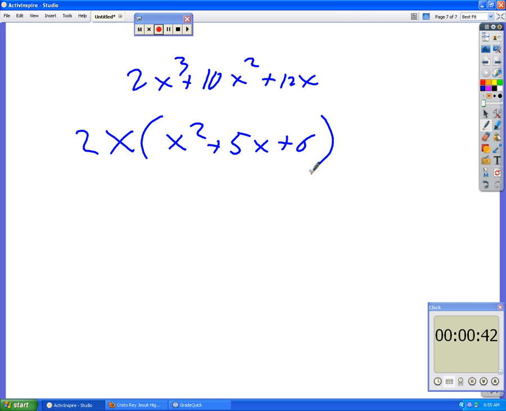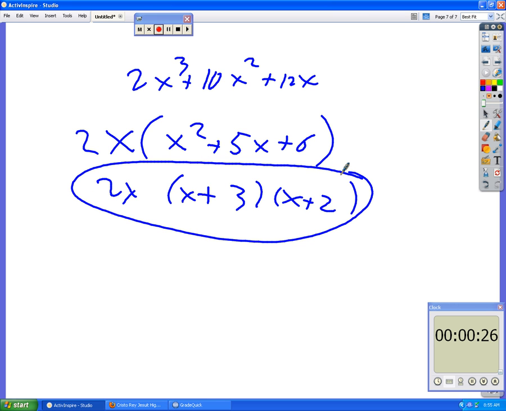Taking the 2 out, taking the x out. Then you go ahead and factor this. X and x, sign is plus, what times what gives me 6, and when I add I get 5? 3 and 2. 3 times 2 is 6, 3 plus 2 is 5.